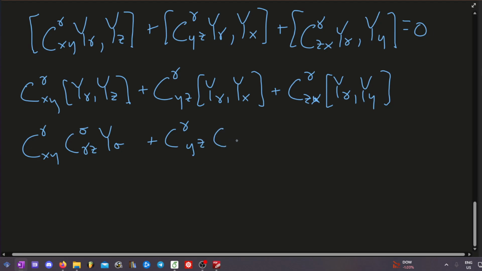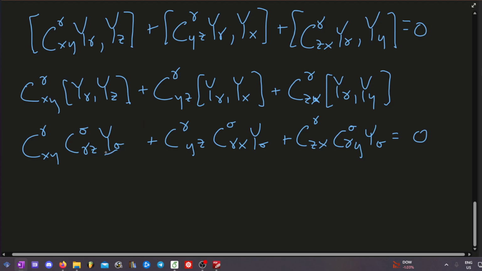So again, we're making a new C, so we're going to have the gamma x down here and just give it some new index sigma again, times y sigma, plus C zx gamma, C gamma y sigma, y sigma, equals 0.